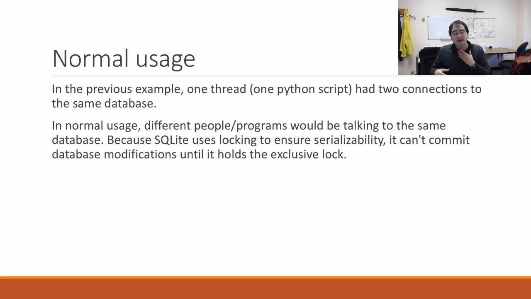Normally, different people or different programs would be talking to the same database, and because SQLite uses locking to ensure serializability, multiple different transactions would not be able to commit different database writes at the same time, because only one of those transactions would be granted the exclusive lock.